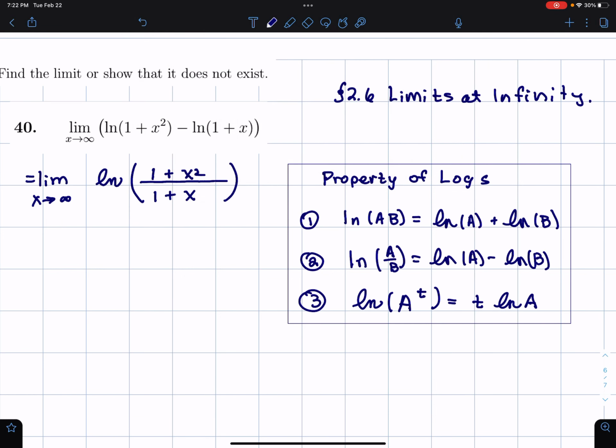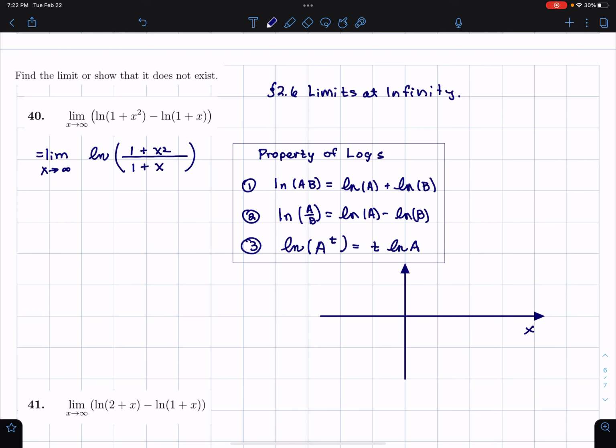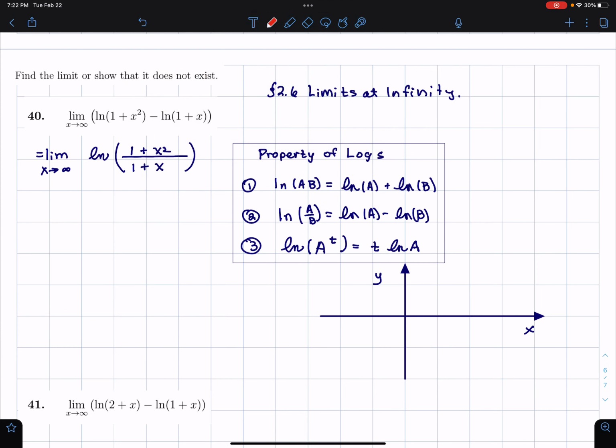Okay, now, why would I do that anyway? Well, it has to do with us understanding the logarithm. And what we can do is, for now, just focus on the graph of the logarithm. You either know this, or believe me, and we can spend about 10 minutes explaining this part.